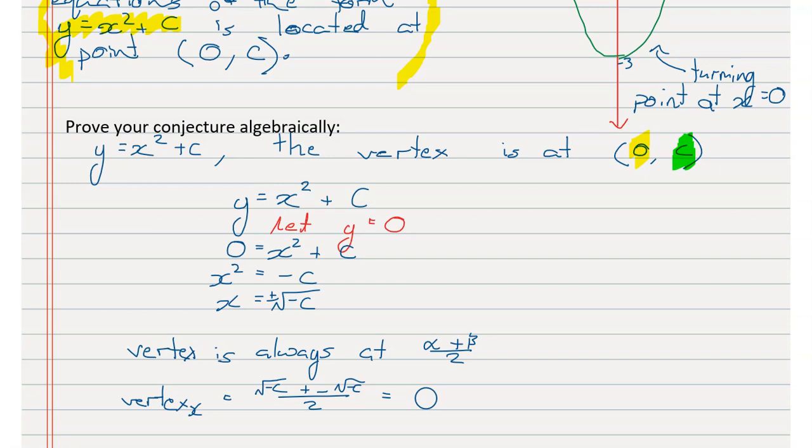Now you could easily see that simply by looking at the form, or you could have done this long-winded method here. So this one actually proves it algebraically. Now going over, since we've proven that the vertex is always going to be at x equals 0, to find the y value, by simply putting in y equals x squared plus c, we can say let x equal 0.